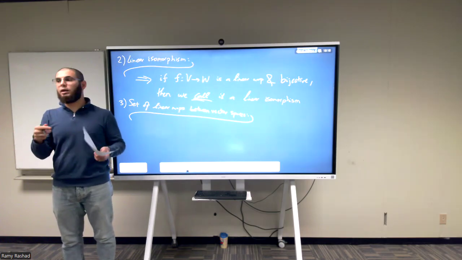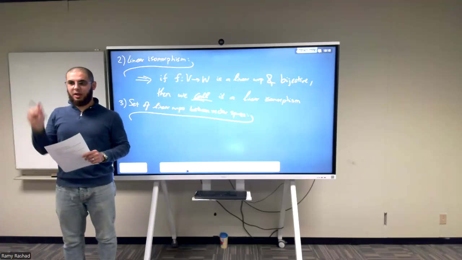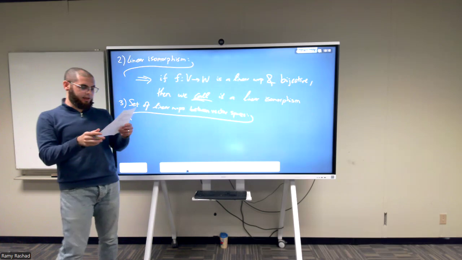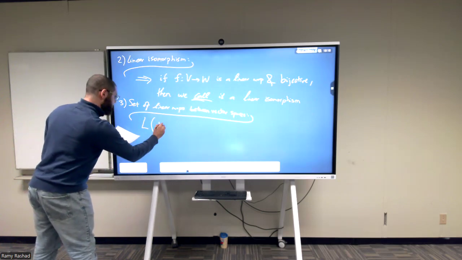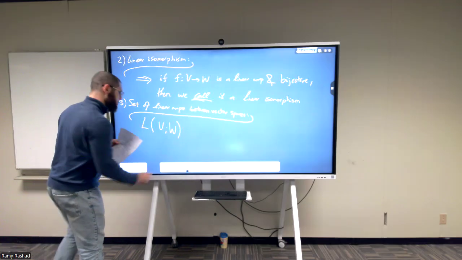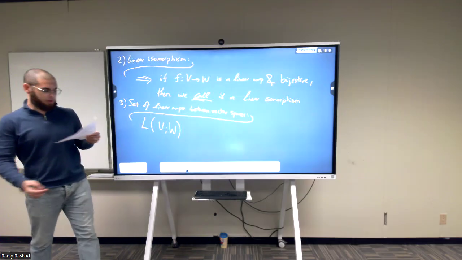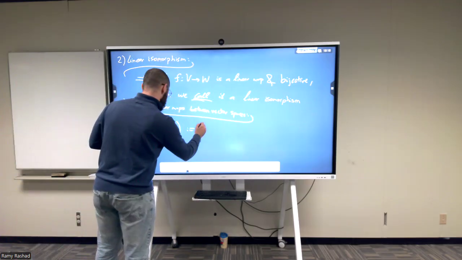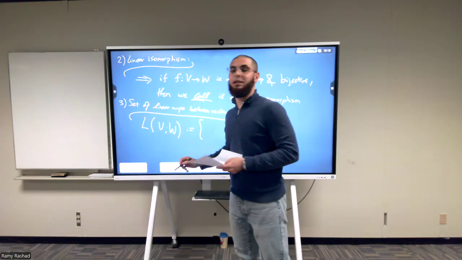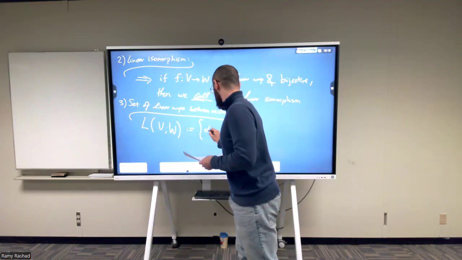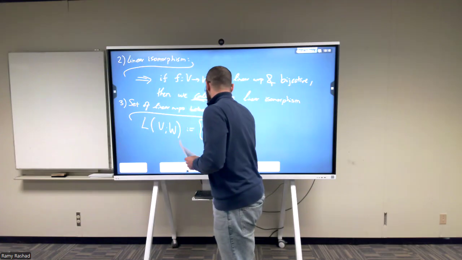Is a map between what? Between two vector spaces, exactly. So keep that in mind. What we're gonna be defining right now is simply a notation for the set of linear maps. So this is the set of all linear maps. Each linear map, I'm gonna be calling it alpha. Let's not use alpha. Let's use A.